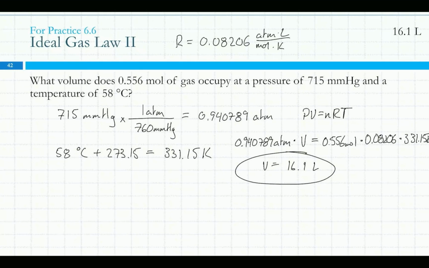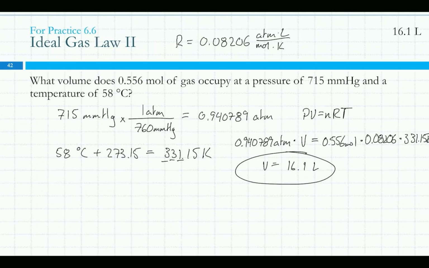The 58 degrees Celsius is 2 sig figs. When we added 273.15, this has 0 decimal places, and since it's addition, the smallest number of decimal places means that this is 3 sig figs. It basically ends up being based on the decimal places of the first number. So if it had just been 8 degrees C, it still would have been 3 sig figs after this.